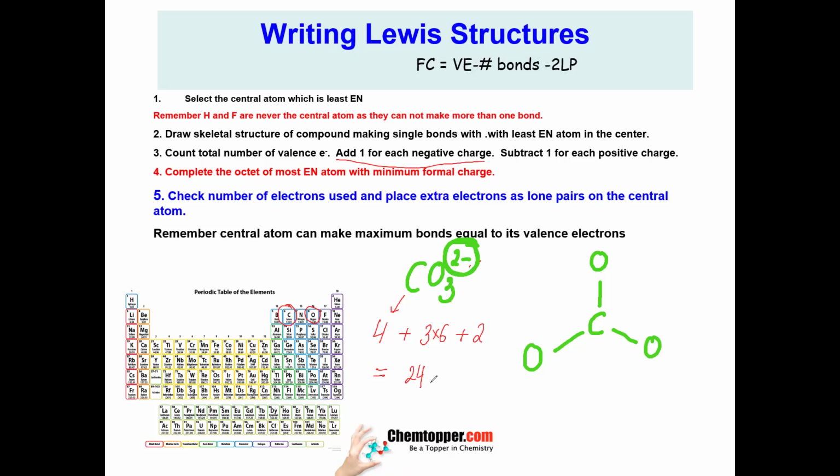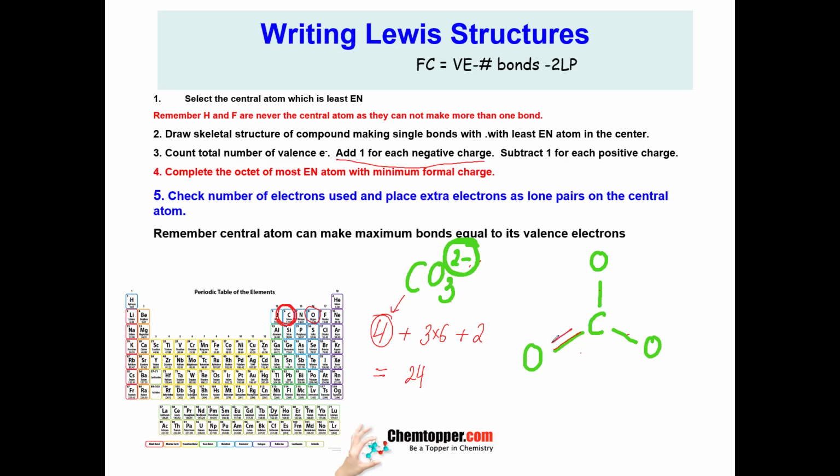Now my question is, out of 3 oxygens, how many oxygens are with a single bond and how many are with a double bond? Take care that carbon can have maximum how many bonds? Only 4. It cannot have more than 4 bonds. So taking all these things into account, how many double bonds are present here in these 3 oxygens?